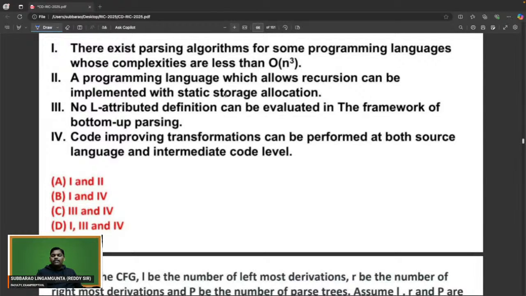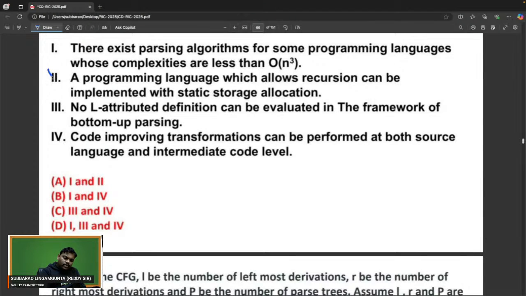There exists a parsing algorithm for some programming languages whose time complexities are less than big O of n cube. 2. A programming language which allows recursion can implement it using static storage allocation.